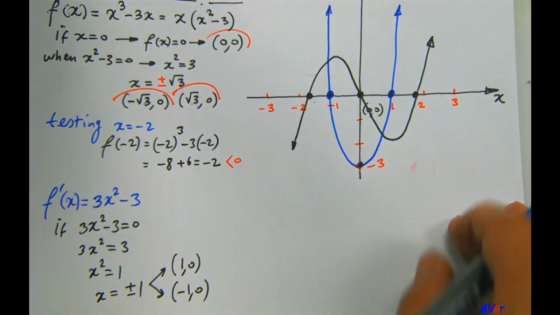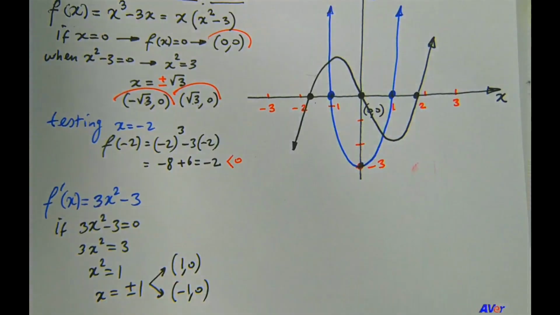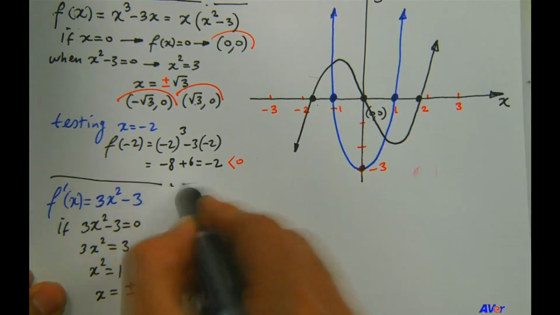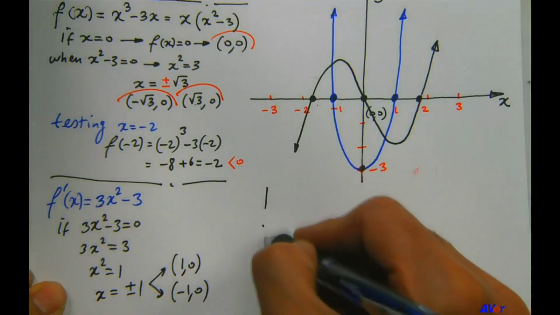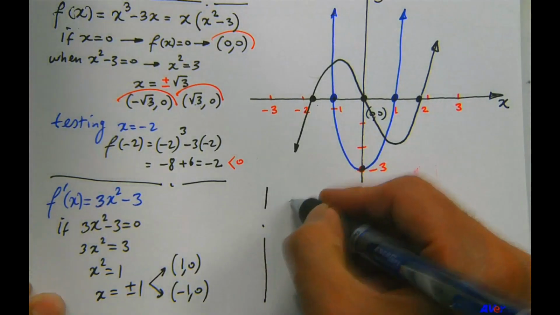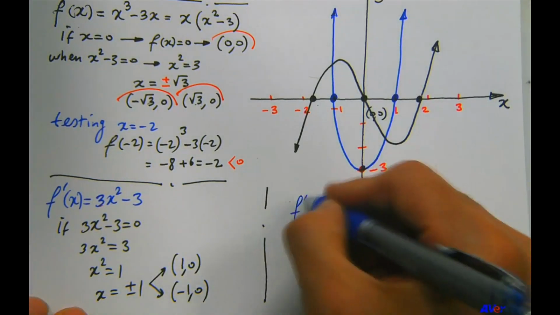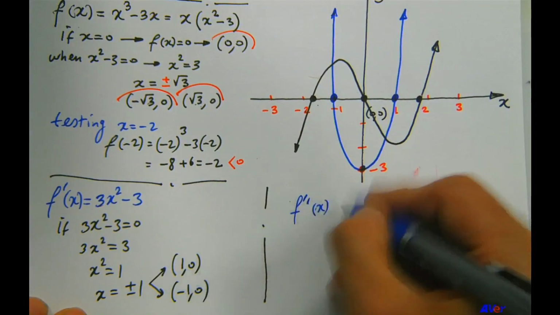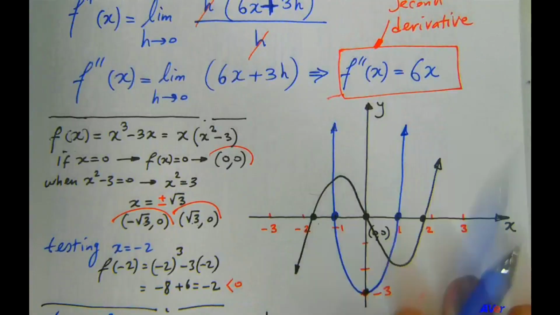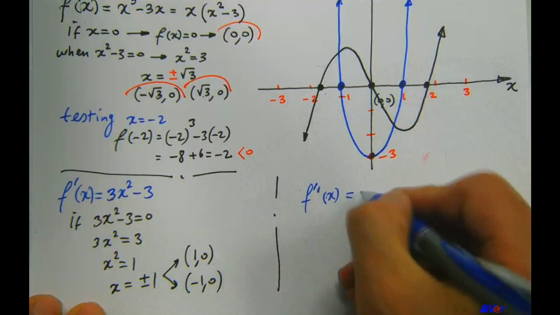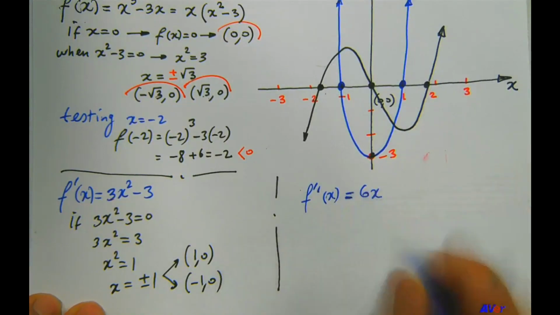And of course, they ask us to graph the f double prime function, right? F double prime, let's put that here. The f double prime function we found is equal to 6x, right? That's a straight line that goes through the origin.